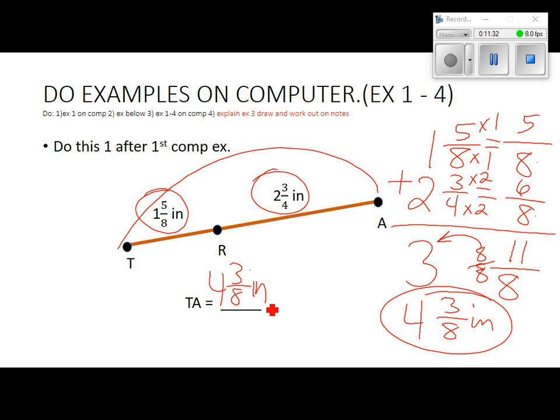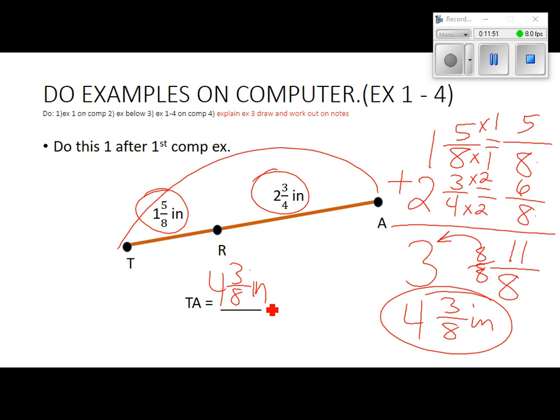Again, Jonathan, did you do it on your calculator? Was it pretty easy? Does everybody know how to do mixed numbers on their calculators if you have a calculator like this? If you have one of the big calculators, it's a little tougher.